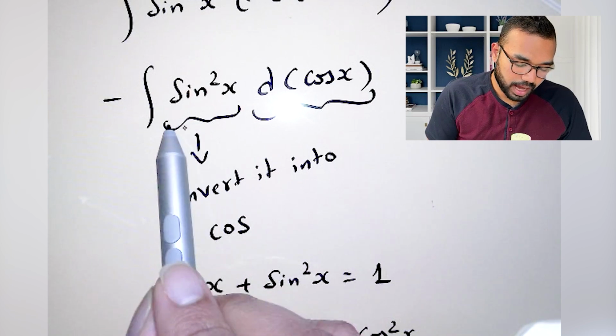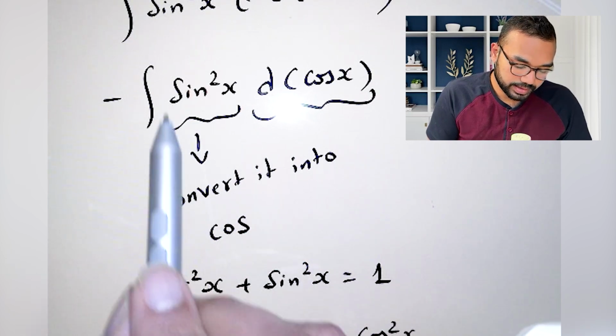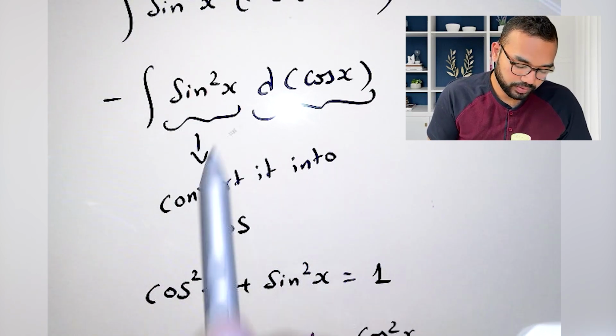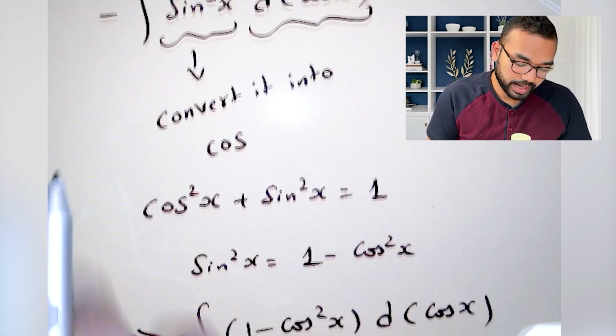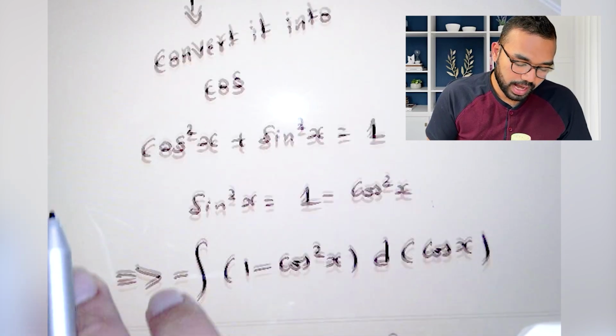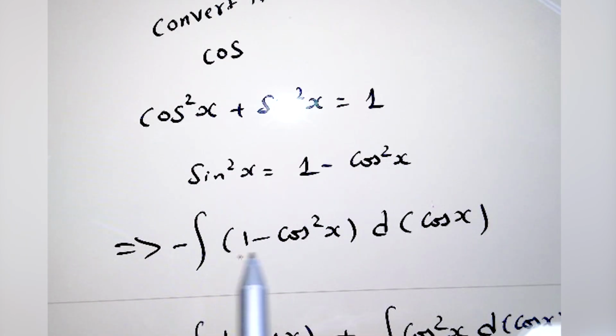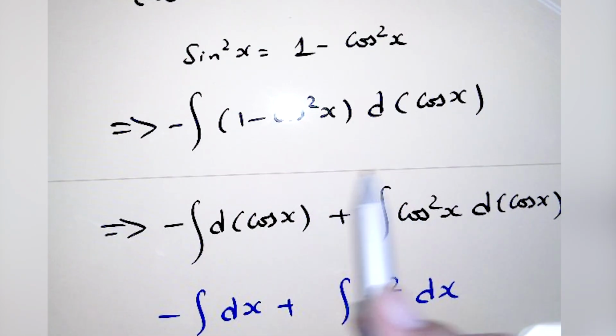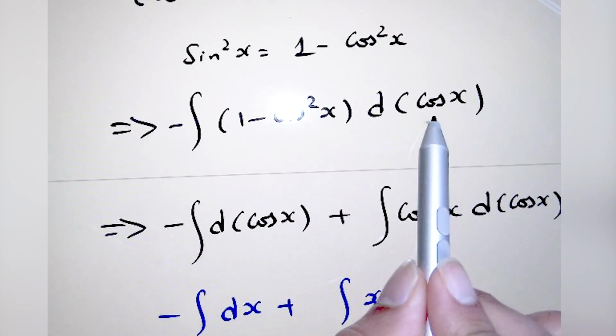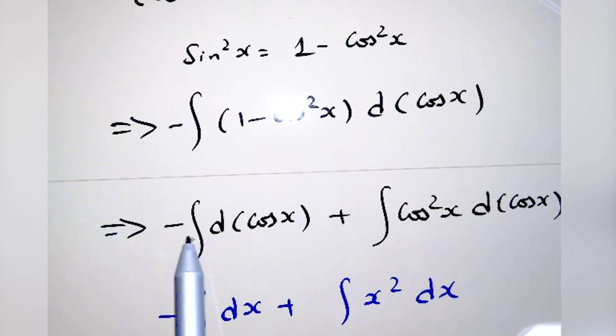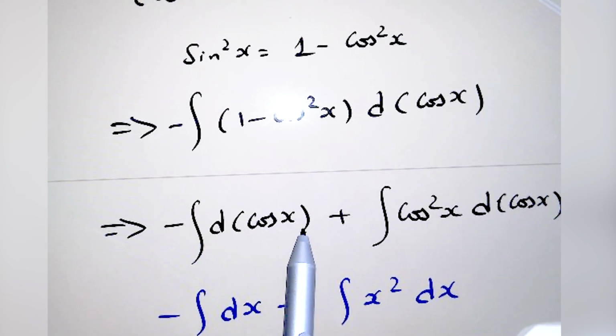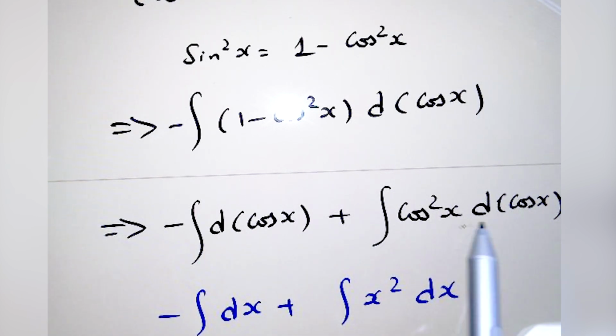The next step, I converted this sine square x in terms of cos using the trigonometric identity. So I have written 1 minus cos square x for sine square x and distributed the differential d of cos x: minus integral d of cos x plus cos square x d of cos x.